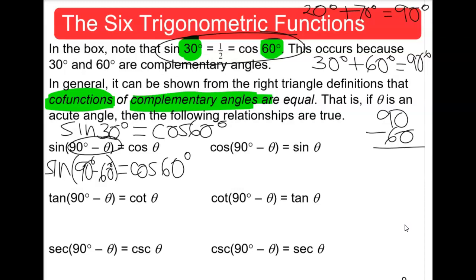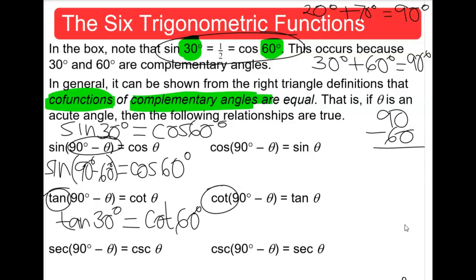Now, what else are cofunctions? Tangent and cotangent. So for example, the tangent of 30 degrees will be equal to the cotangent of 60 degrees. And of course, secant and cosecant are cofunctions.